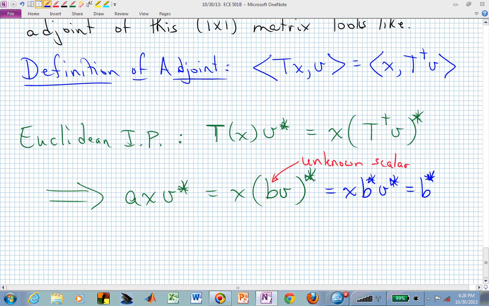That's not difficult, is it? That's an easy task. This is now X V star. But here's X V star, and there's X V star on the right. So that says that whatever that B was, its complex conjugate needs to equal A. Or B, if I complex conjugate both sides, is equal to A star.